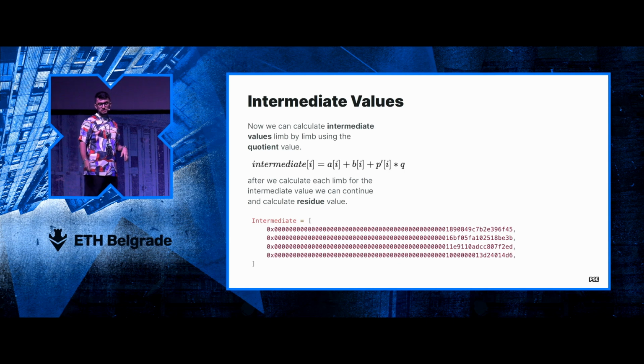It's a little bit complex. You don't have to understand it that deeply, but basically this way we get each limb and keep the data, so we have a number that is bigger than our field. If it's bigger, we can reconstruct it, or we can know that the number is exactly the number that we wrote in the first part. So if it gets wrapped around, we will still know that we have these values, that we still keep the original data, and we can do constraints on them.